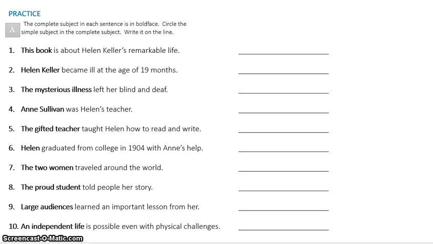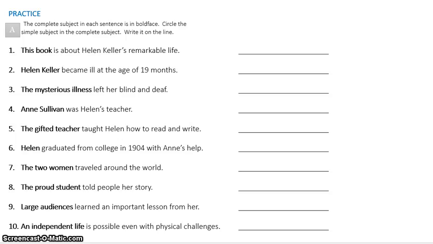Circle the simple subject in the complete subject. So the simple subject is going to be a part of the complete subject. If you've got something circled in the complete predicate, you know that can't be right because you can't have a simple subject in the complete predicate part.